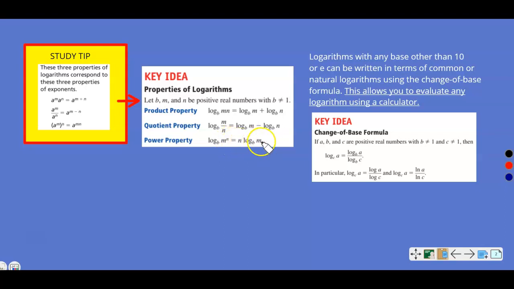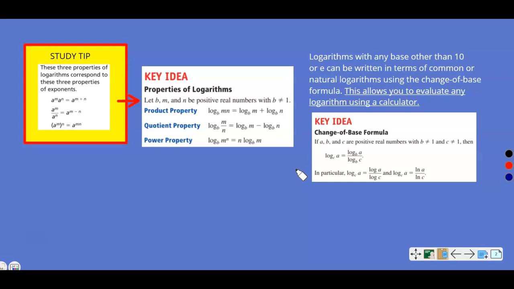So the power comes out front and becomes the coefficient. So that one's a little bit different. But those are the three basic properties of logarithms that you need to commit to memory, or at least be able to look at these and understand what to do to rewrite them if you need to use your properties of logarithms.